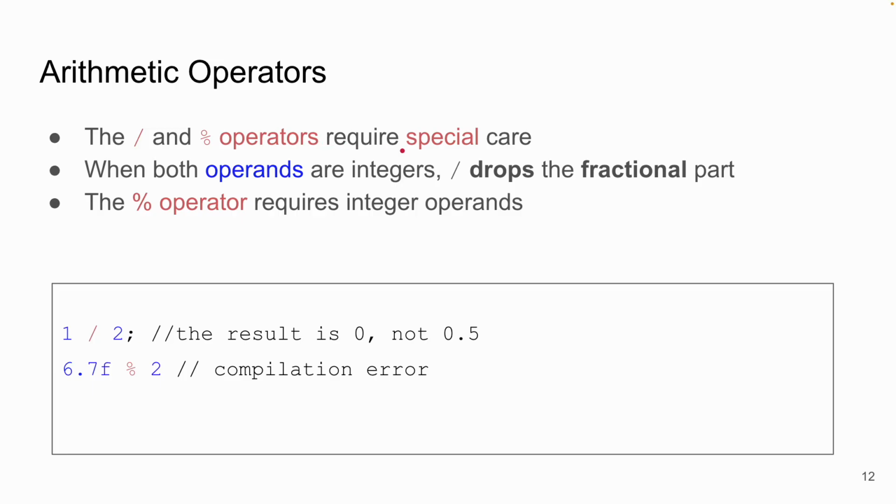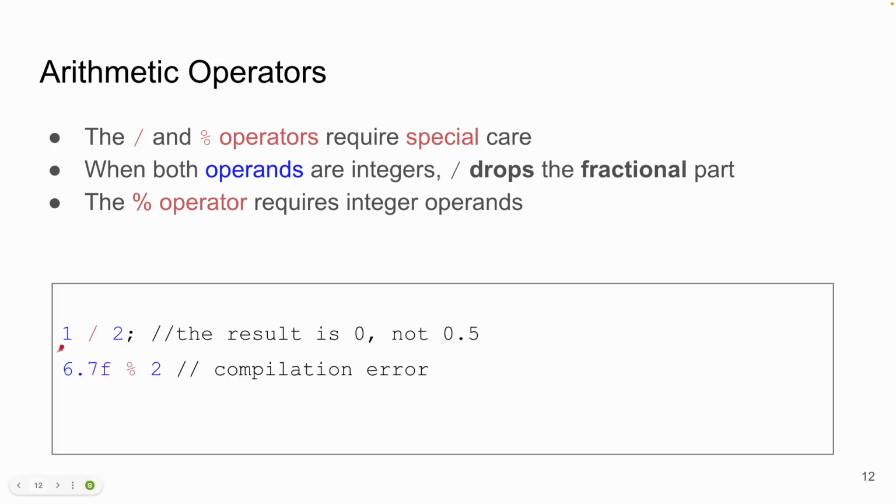For the division operator like this, in the first example, if both operands are integers, so if we divide one integer by another integer, like the first line we saw here, the division operator will drop the fractional part. What is the meaning of fractional part? The fractional part is the value we have after the decimal point.